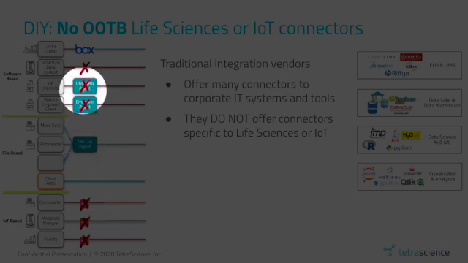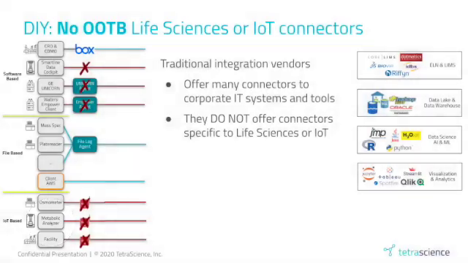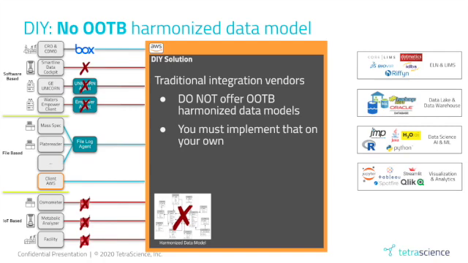But when we get into life sciences specific integrations that are required, whether it be for software or whether it be for IoT devices like osmometers or metabolic analyzers, they're just not there. So you would have to build those in order for you to integrate with them. And that's why these lines are in red and the X's are over. It's because they're just not there. You'd have to build it.